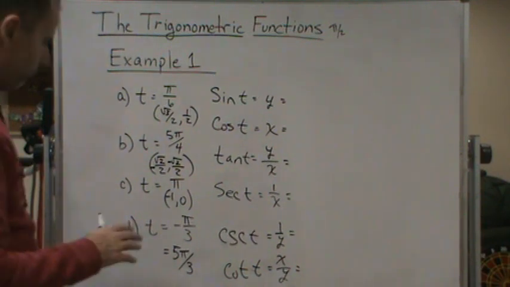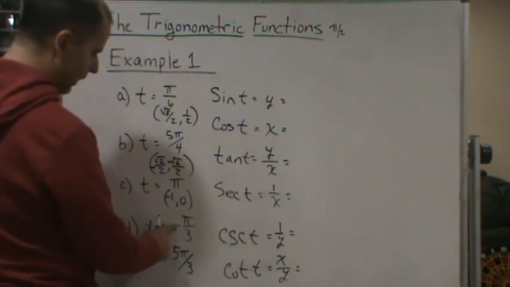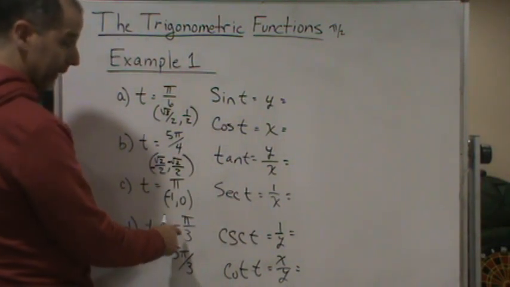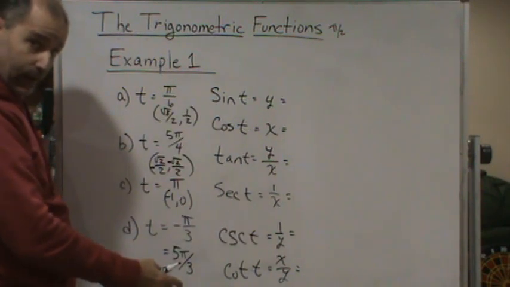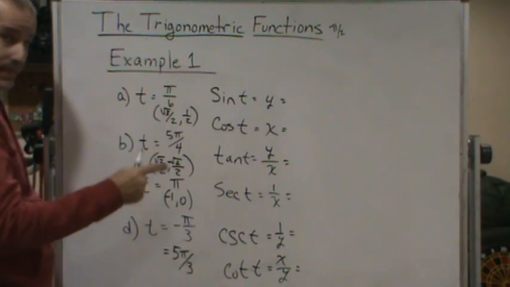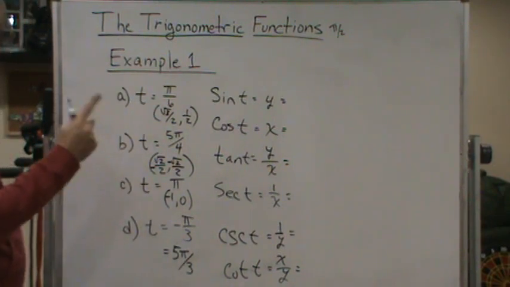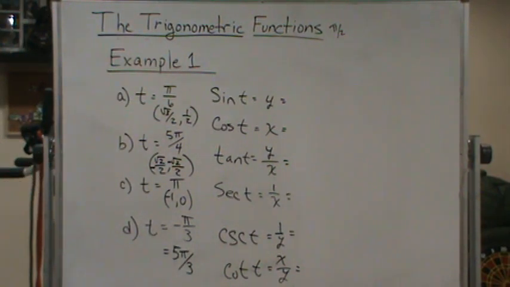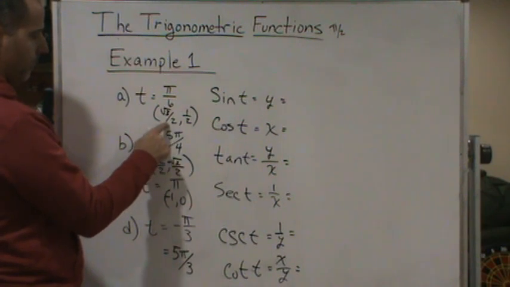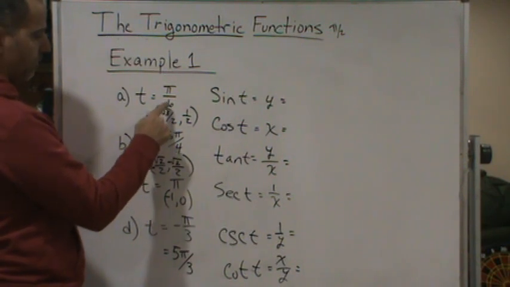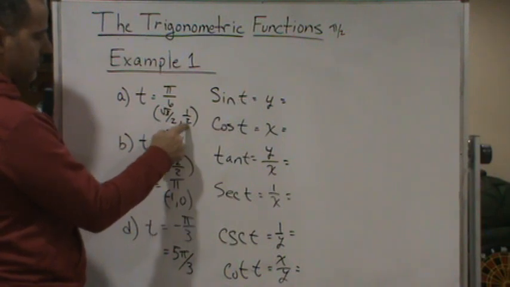Or, if you think about it this way, negative pi over 3 is, again, 60 degrees negative, right? But remember what is in the first quadrant. What is 60 degrees in the first quadrant? Okay, so here's 30 degrees, right? Isn't 60 degrees or pi over 3 the switch these two, right?